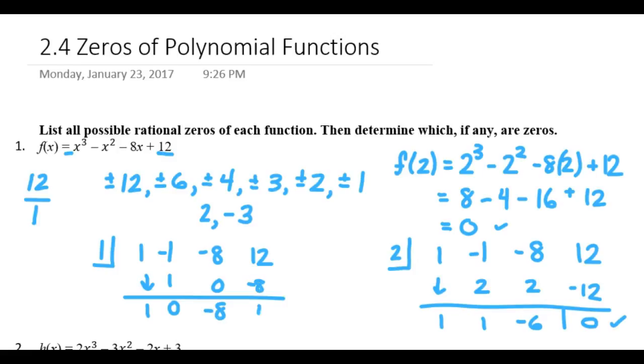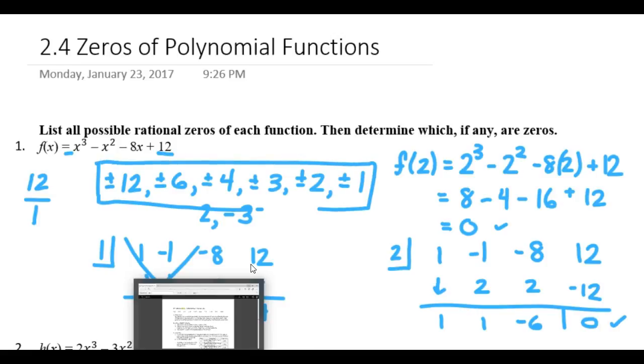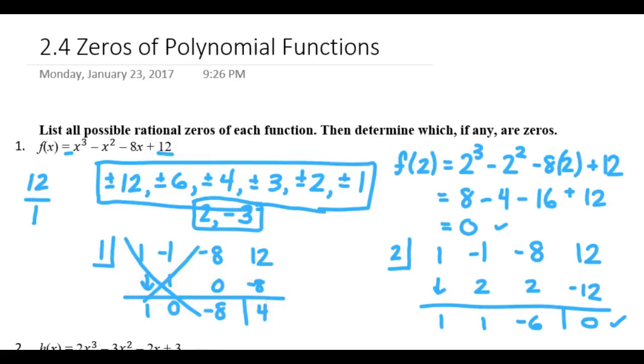Negative 8 gives me 4. Notice I get a remainder of 4, so 1 is not a 0. So as you can see, I have all of my possible zeros here, and underneath I have the two numbers that are actual zeros. We tested the 2. You're going to have to take my word for the negative 3.